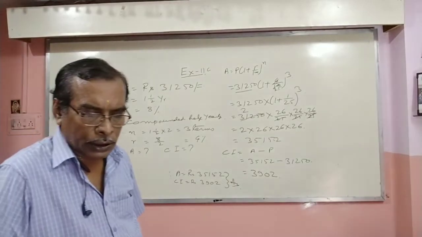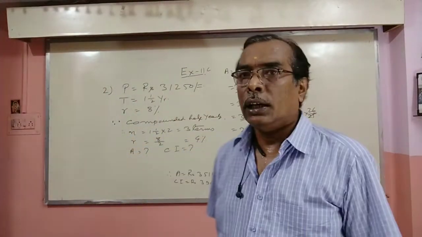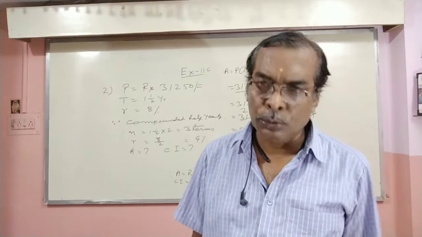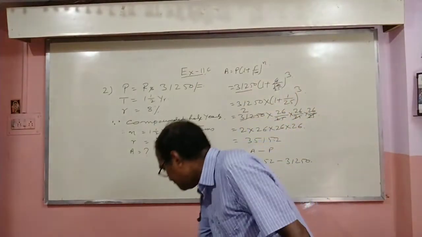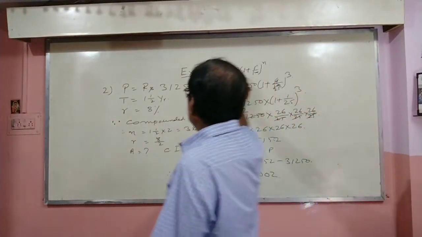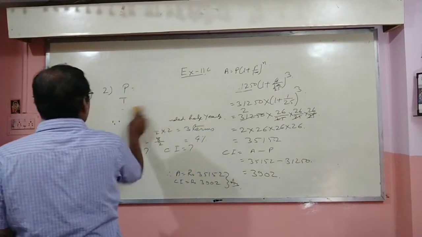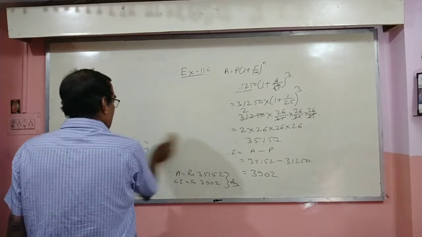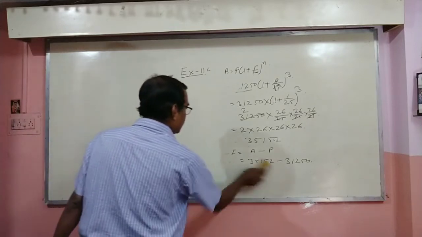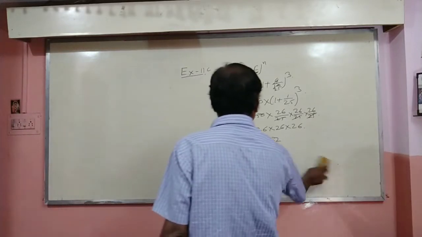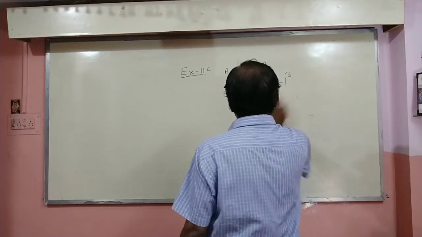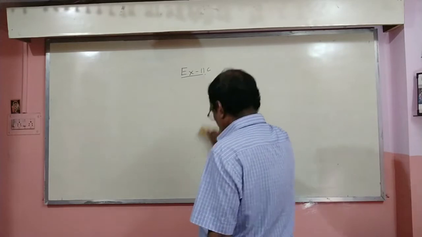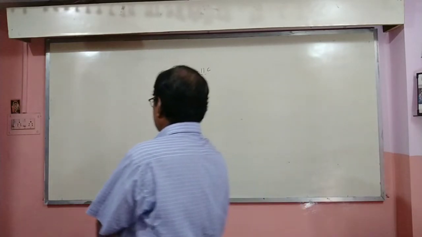Now let us go for the next question. Is it clear? I think it is clear. By the way, the next question which I am going to select is question number 9.